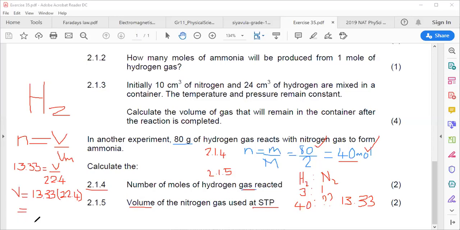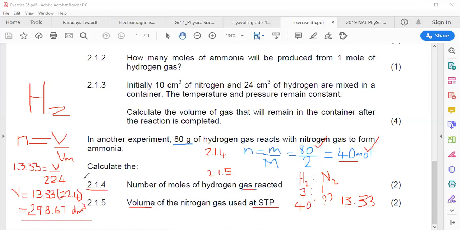What's your answer? 298,67. Right, 67. And what are the units? Cubic decimeters. That becomes our answer.